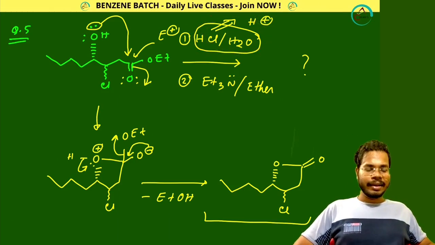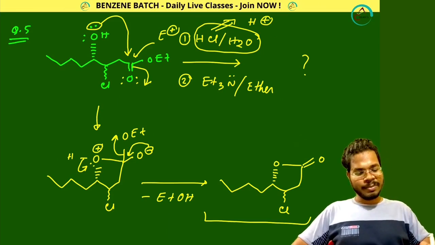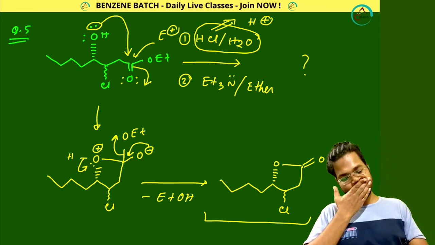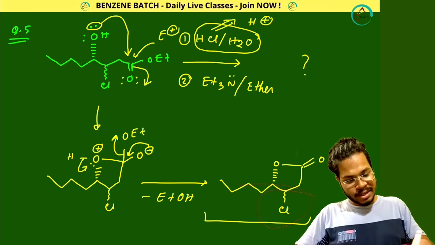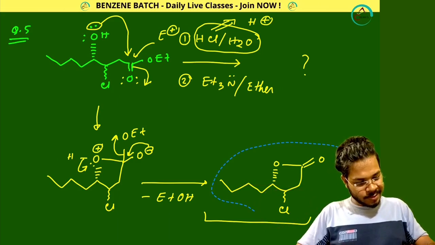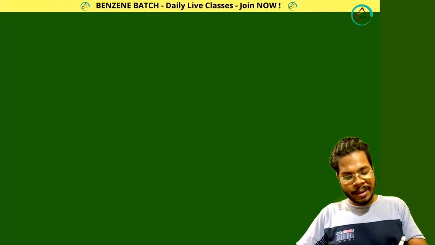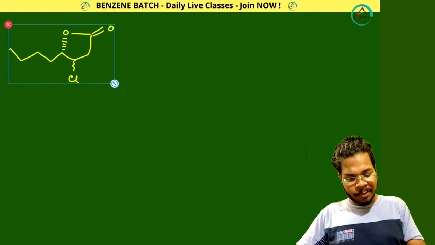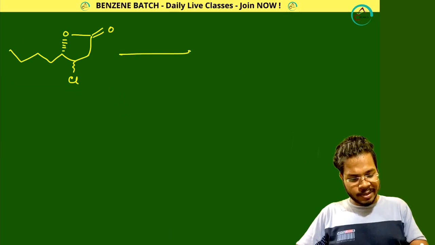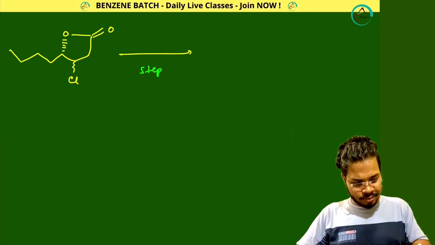Now you are ready to move forward to step 2, that means the E1cB reaction. Fine, got it. So now let me take this one and participate in the E1cB reaction. Now tell me, in the step I have shown, do you have any confusion? You can ask me.